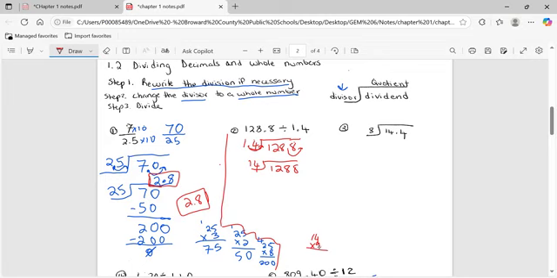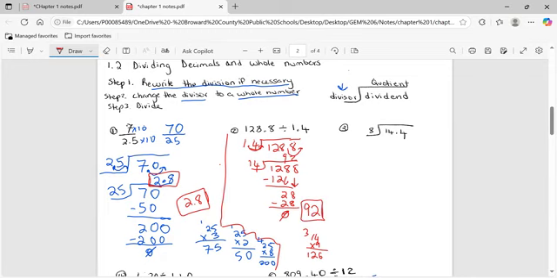So 9 times 4 is 36, 6, carry 3. 9 times 1 is 9 plus 3, that's 126. Yep, very close. I'm good. So that's going to go 9 times. 9 times 14 is 126. And I have 2 to spare. Then I carry down the 8. 14 goes into 28 2 times. 2 times 14 is 28. We're breaking out the mental math. And that's it. My answer is 92.